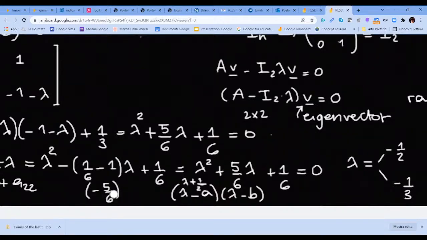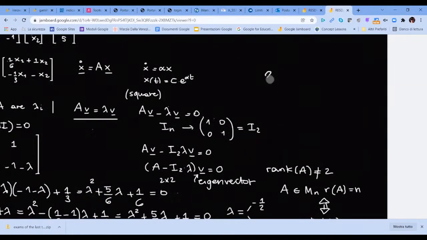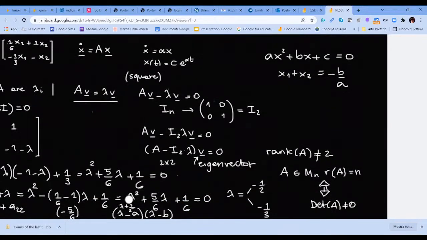If you've seen the formula at school, you know that for the polynomial, if you compute x1 and x2 as the roots, the sum is the opposite of this one. In our case, we don't need to divide by a because we already have 1.